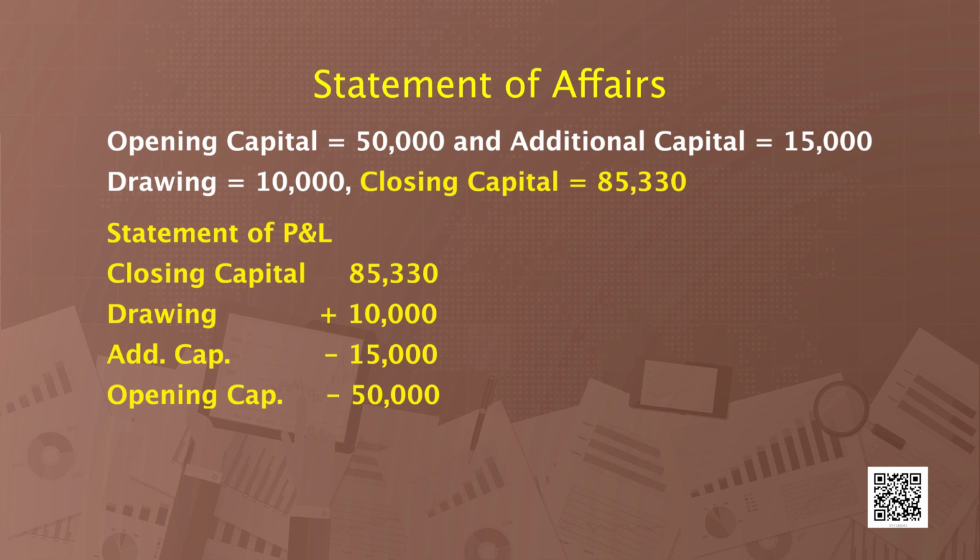And if I calculate this, it gives me 30,330, and that is what your profit is. And this is the treatment of the balances in the statement of affairs. The figure you received from statement of affairs was treated as closing capital to get profit and loss.